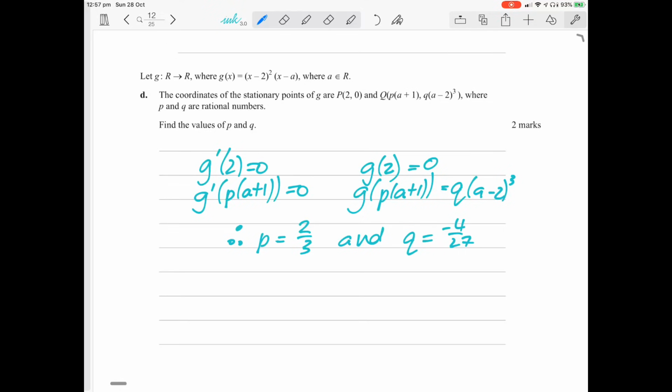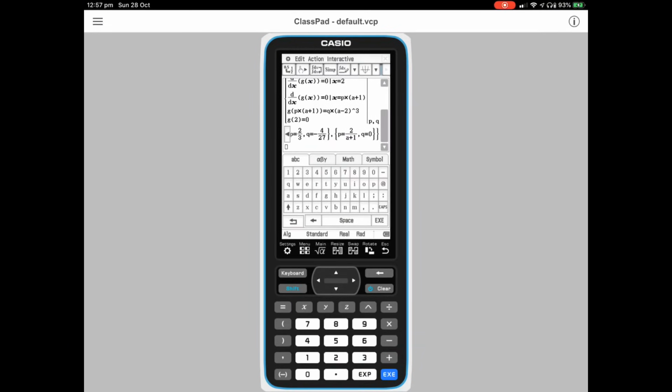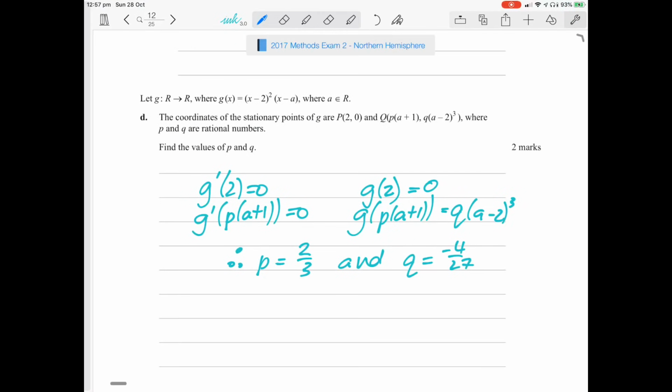If q equals 0, the two points would be the same.